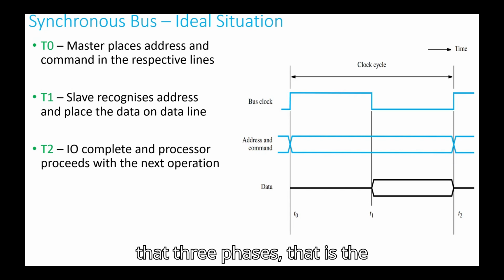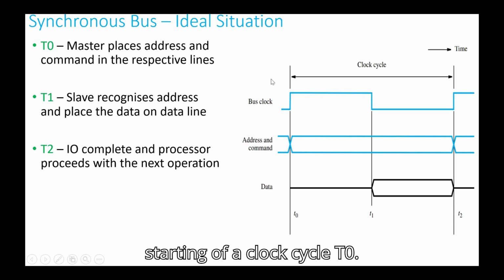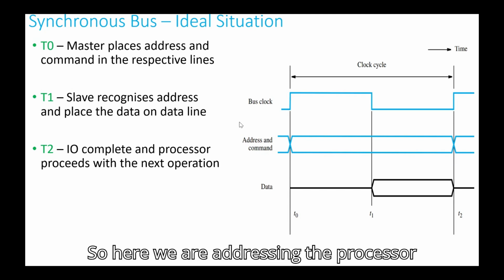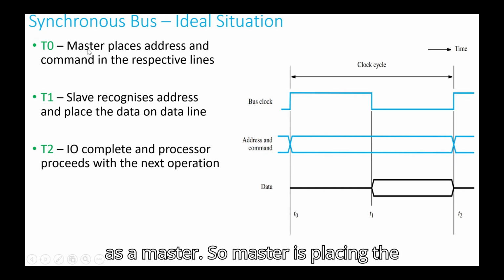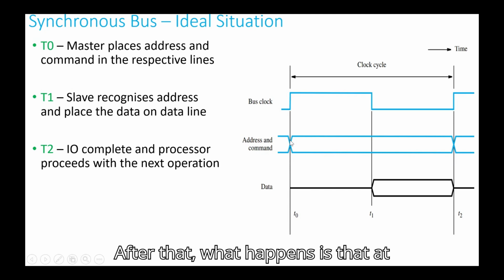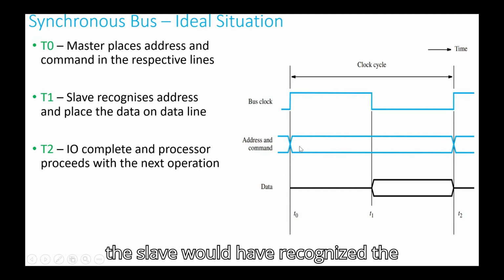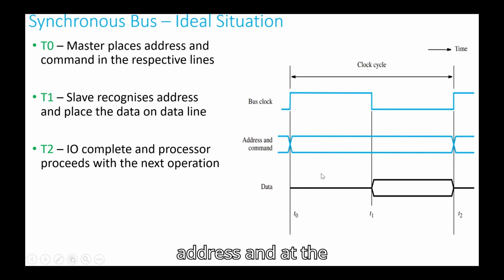This is an ideal situation for a synchronous bus. There are three phases. The processor places an address at the start of clock cycle T0. Here we are addressing the processor as the master. So the master is placing the address at the start of T0. After that, before T1 itself, the slave would have recognized the address.